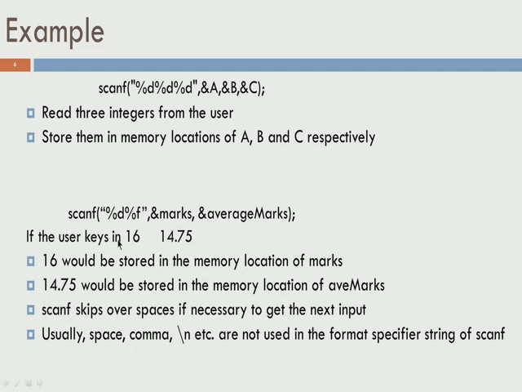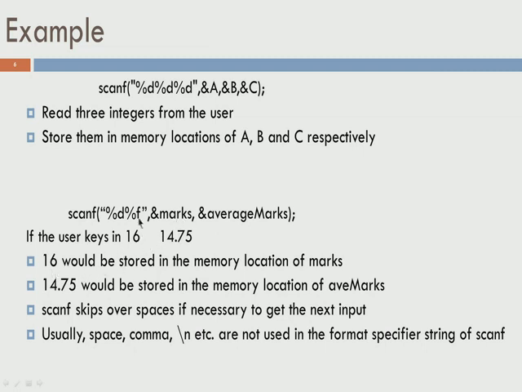If the user keys in 16, let us say a couple of spaces and 14.75, first scanf will look at it from the left side and keep scanning till it finds an integer. In this case 16 is an integer and after that is a white space. White space is not a part of an integer, so it will stop scanning. So the number 16, which is a valid integer, goes into the very first variable, namely marks.